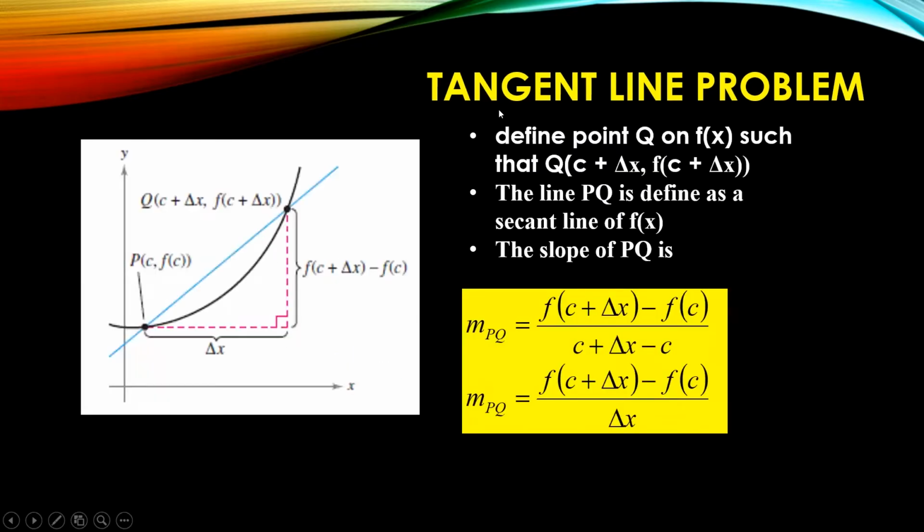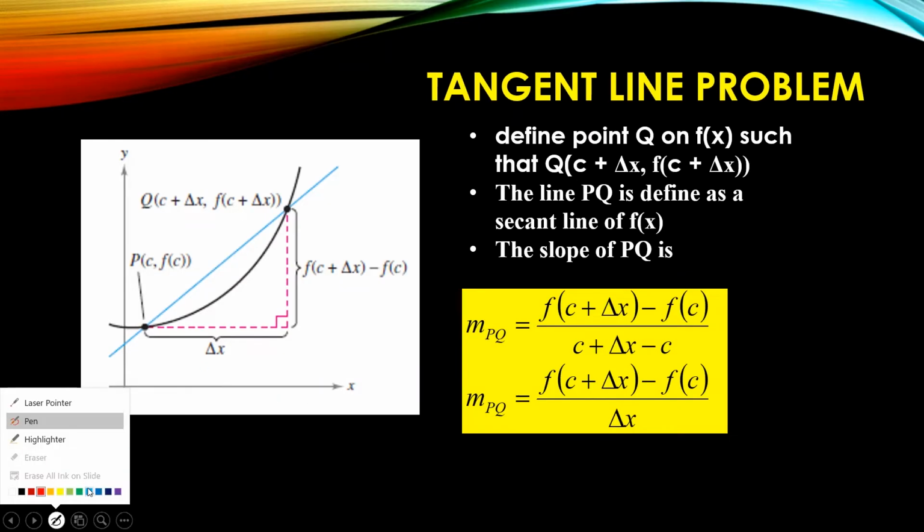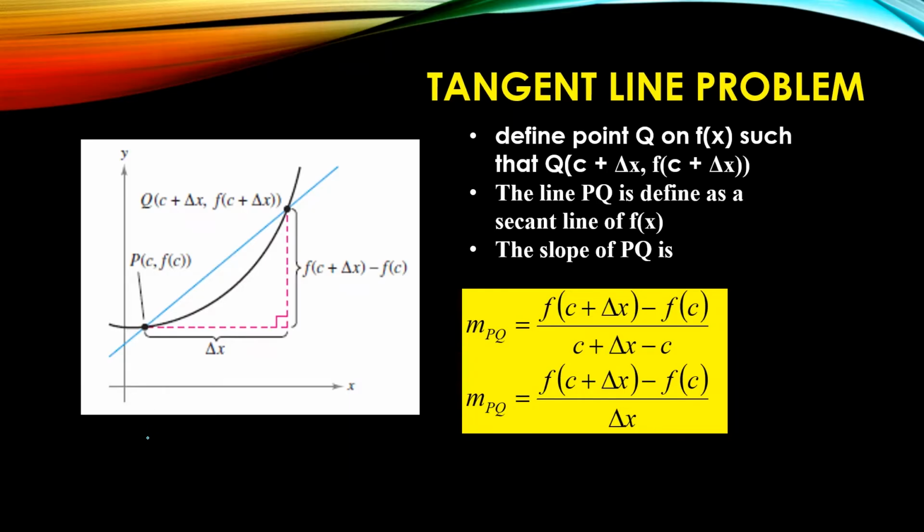So basically, it's just the same, if I ask you, what is the slope of line PQ in here? So you're going to say, isn't it just delta y over delta x? Yes, because, for example, I'll write here. Let's just say that x1 is just letter c, and then x2 is simply c plus any change, any additional x.